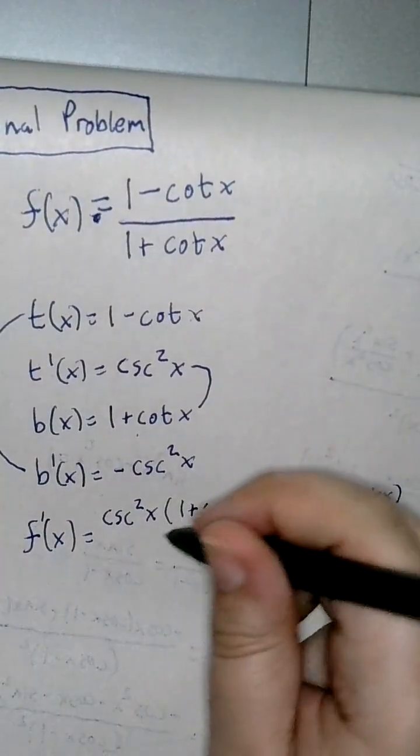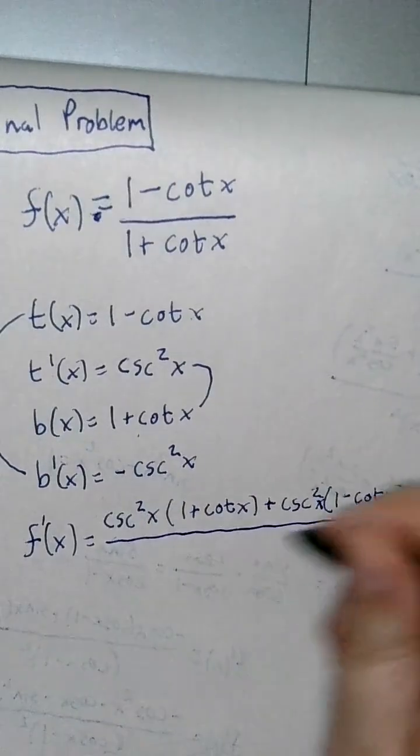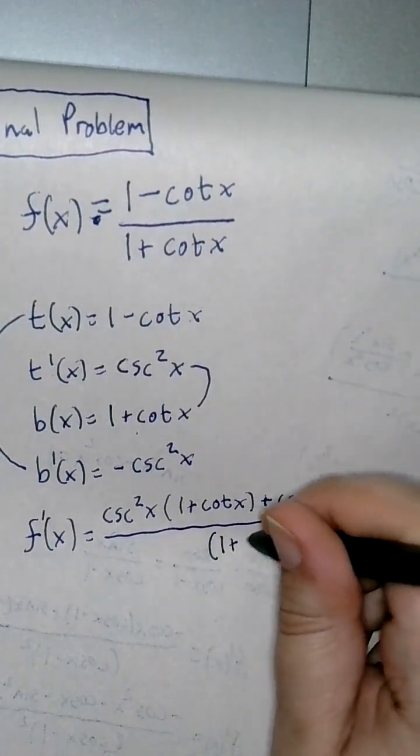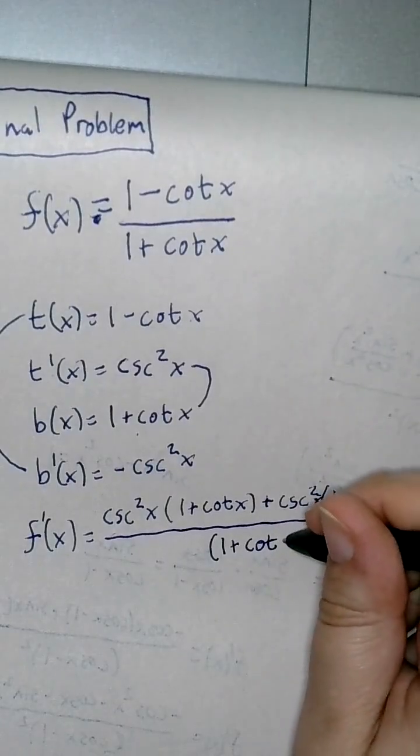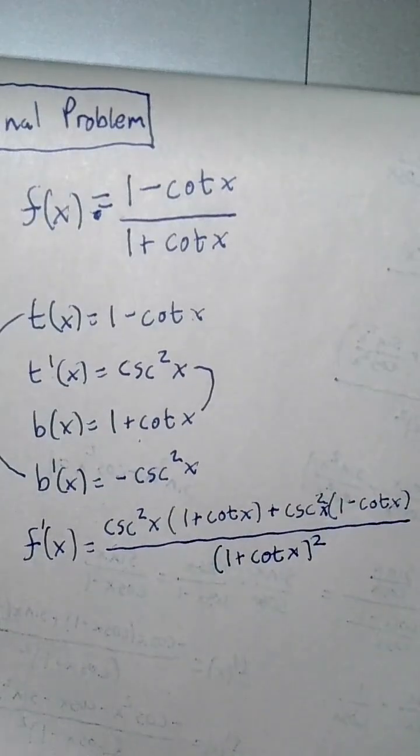And that's going to be all over 1 plus cotangent x all squared.